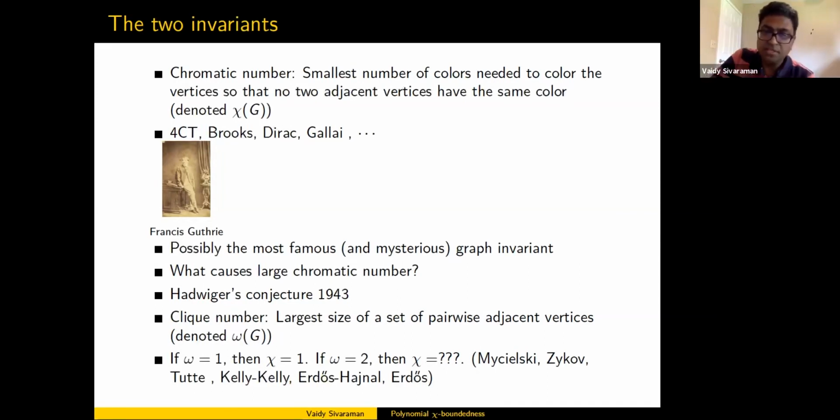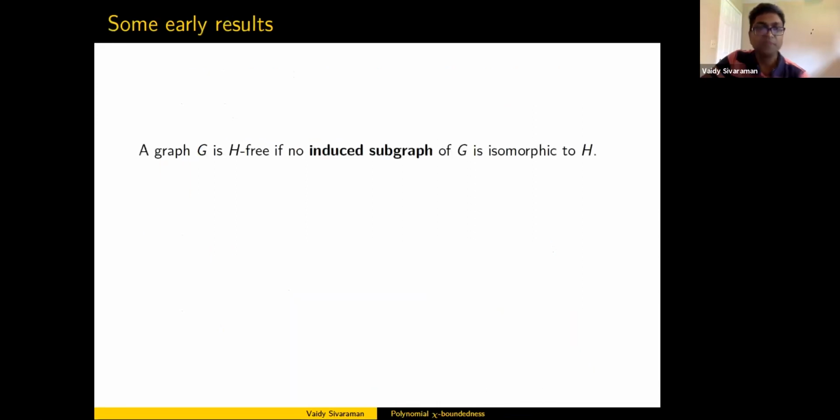In fact, this led Erdős to prove, using his probabilistic argument, a famous theorem which says that you can have graphs of arbitrarily large girth and arbitrarily large chromatic number, not just triangle-free. You can be free of all small cycles. That will be used throughout the talk. It's such a fundamental and basic theorem that we'll use it all the time.